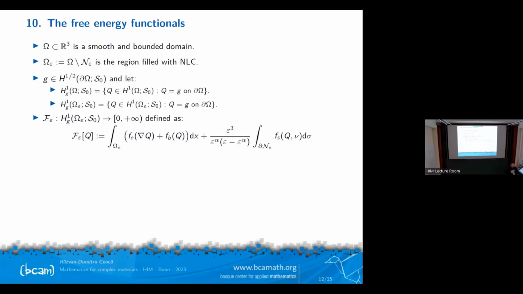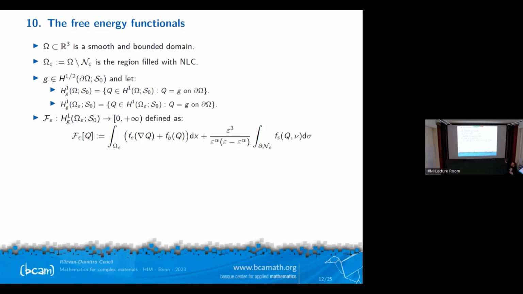Maybe some can argue that this is somehow artificial: Razvan, why have you put this? But at some point, we're just trying to control the fact that the surface area explodes, and at the same time, you can see this as going into the surface anchoring strength that you can choose in the surface energy density.